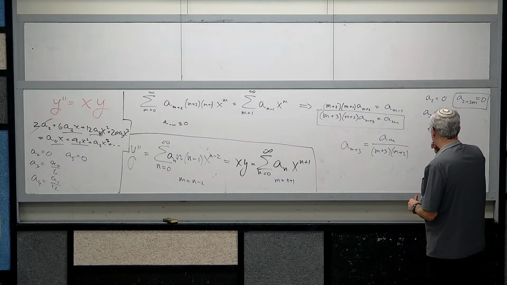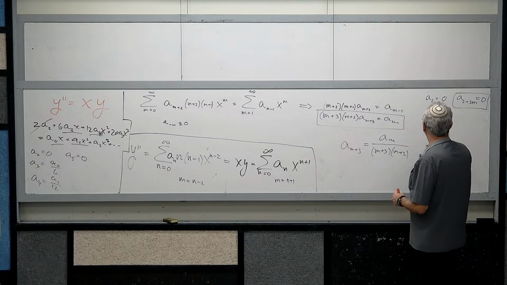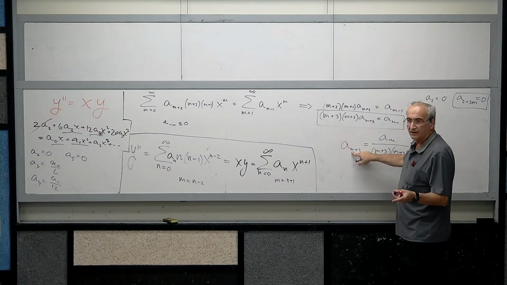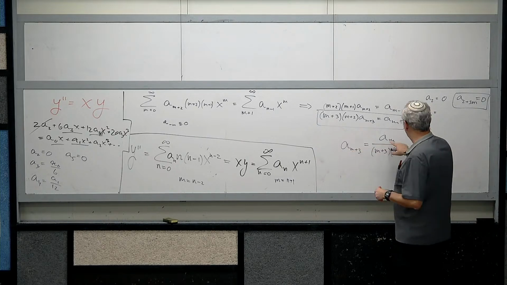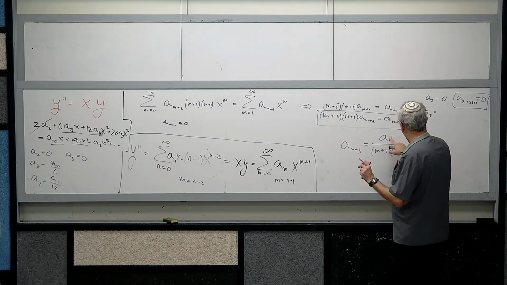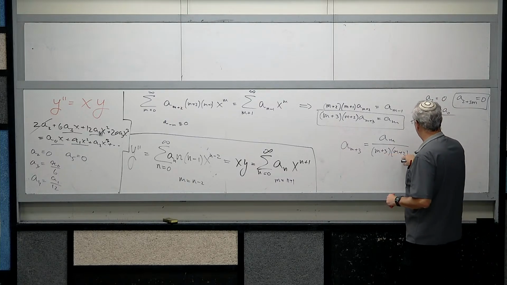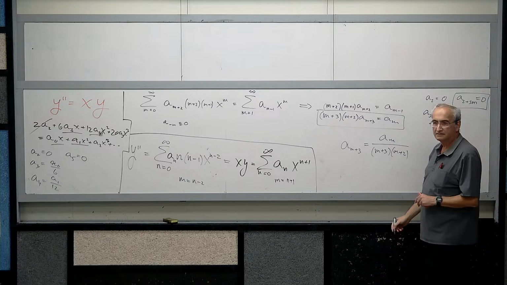I should put m equals 0. If I put in m equals 0 here, then A3, yes, okay, so this is fine, is A0 divided by 3 times 2, so divided by 6.